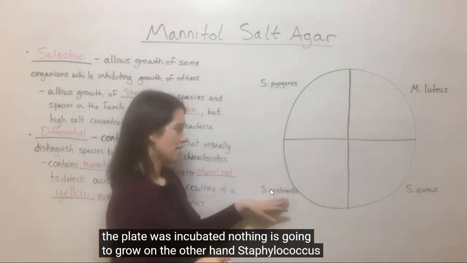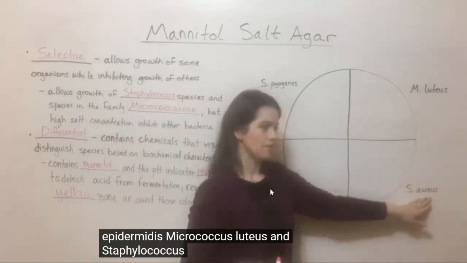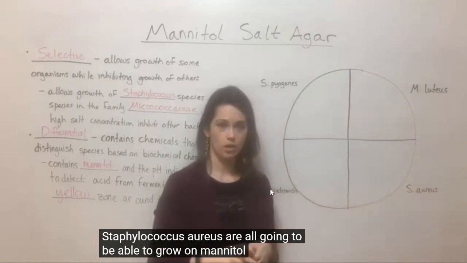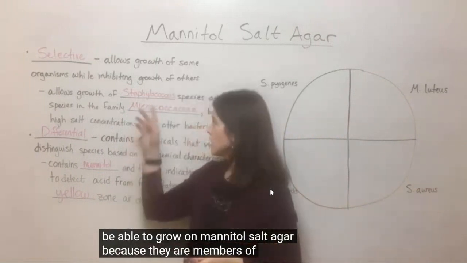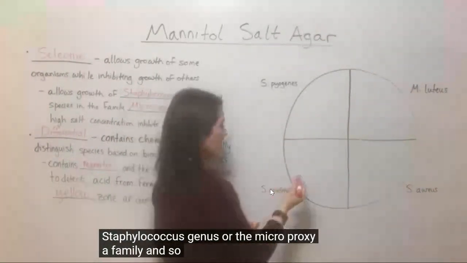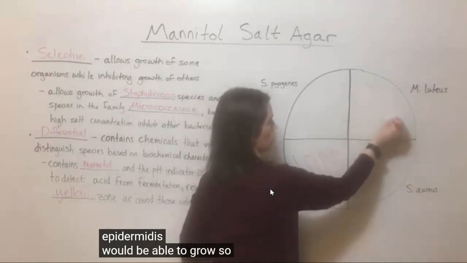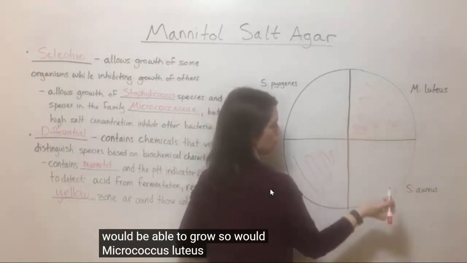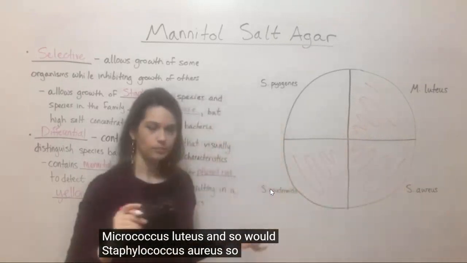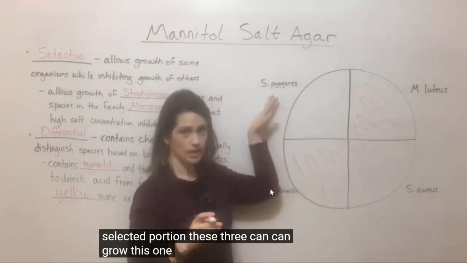On the other hand, Staphylococcus epidermidis, Micrococcus luteus, and Staphylococcus aureus are all going to be able to grow on mannitol salt agar because they are members of either the Staphylococcus genus or the Micrococci family. And so Staphylococcus epidermidis would be able to grow, so would Micrococcus luteus, and so would Staphylococcus aureus. So that's the selective portion. These 3 can grow. This one is inhibited.